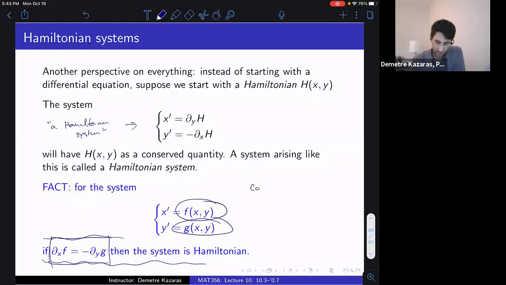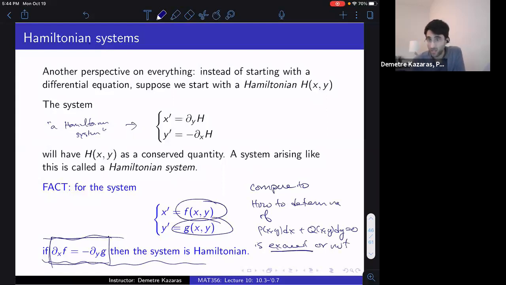Compare this to the question of how to determine if P(x,y) dx plus Q(x,y) dy equals 0 is exact or not.